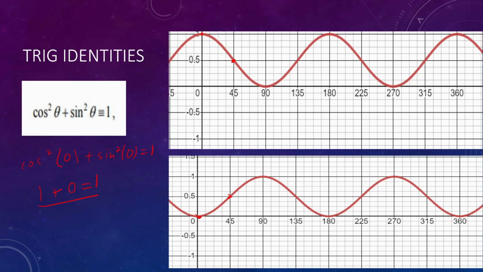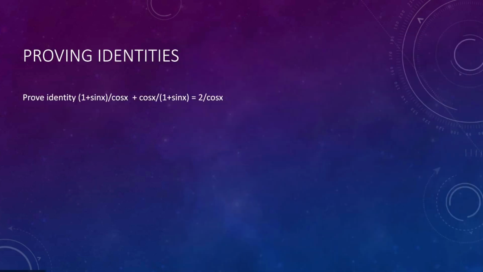Let's move on. Now here we have proving identities. Let me first of all rewrite this in the fractional form. So (1 plus sine of x) over cos of x plus cos of x over (1 plus sine of x) is equal to 2 over cos of x. This is what you need to prove. First of all, let's make them into a common denominator.